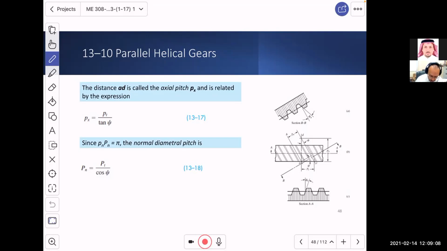For example, the axial pitch, sorry, this is the transverse pitch, this is the axial pitch, and then we have a normal pitch, a transverse pressure angle, a normal pressure angle, and a helix angle.